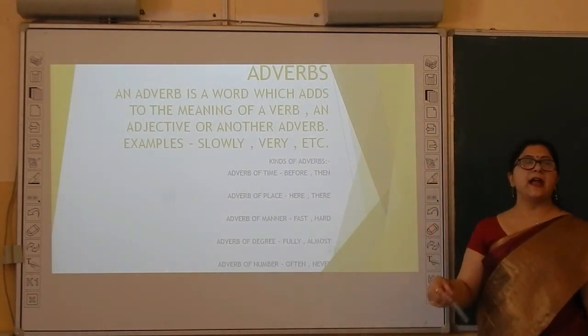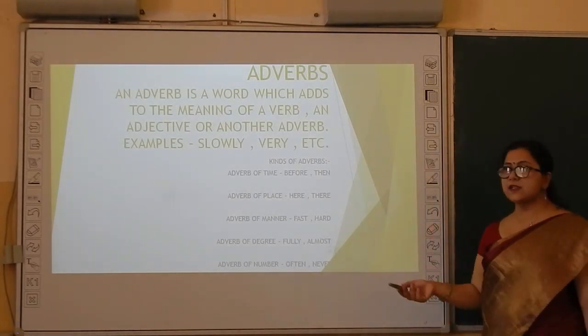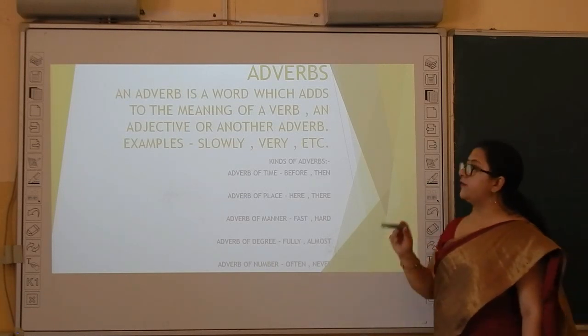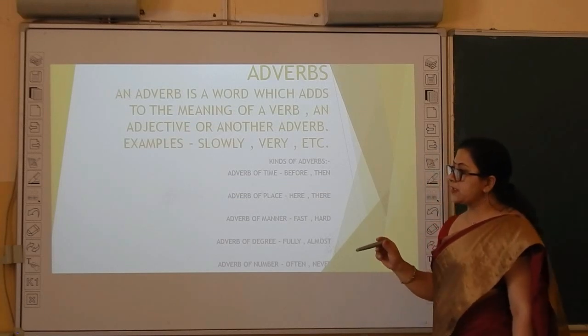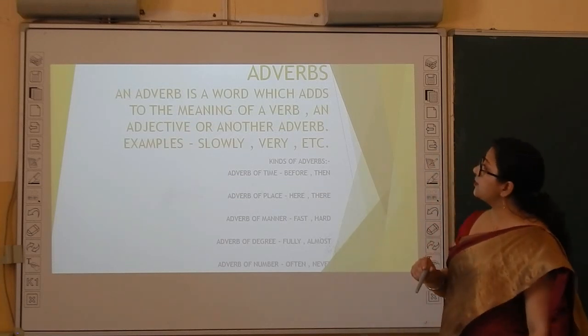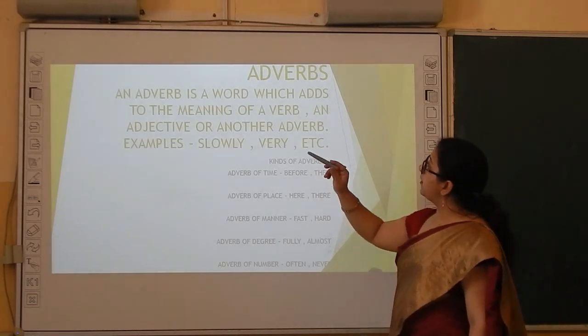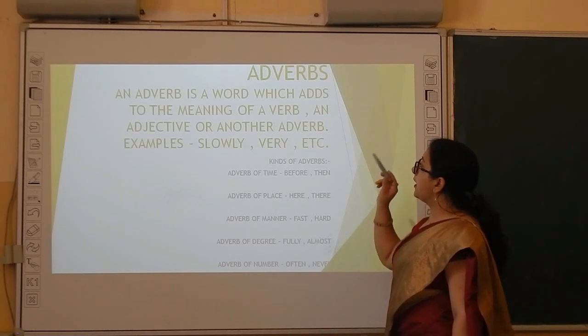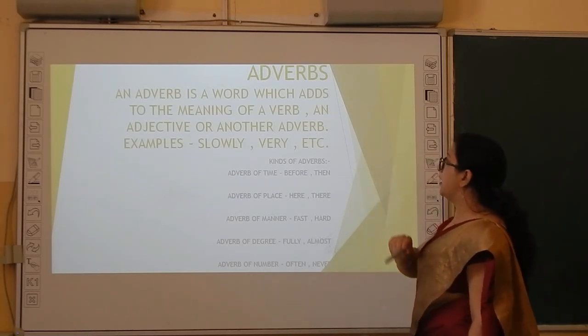Next is adverbs. And this is the fifth in the list of parts of speech. Adverb is known as Kriya Visheshan in Hindi. The definition of adverb: an adverb is a word which adds to the meaning of a verb, an adjective or another adverb.